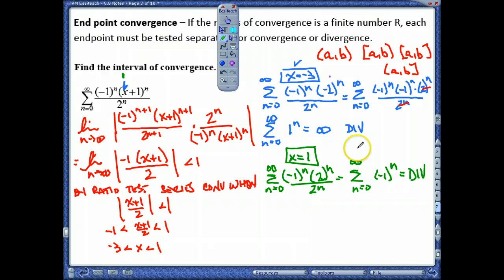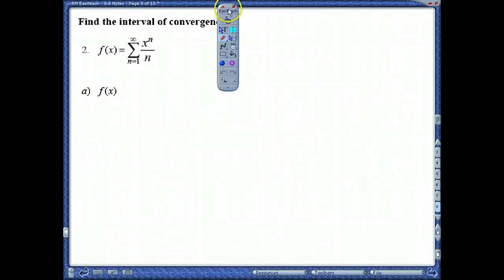So they both diverge, so that means when I do my interval of convergence, it is going to be negative 3 to 1. I didn't get an equal to bar for any of them. So this doesn't narrow into a number, the other one doesn't. So we are divergent. So let's look at another one because we get some really fun examples here.